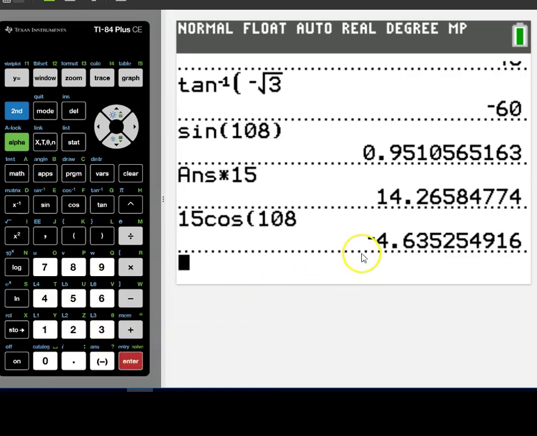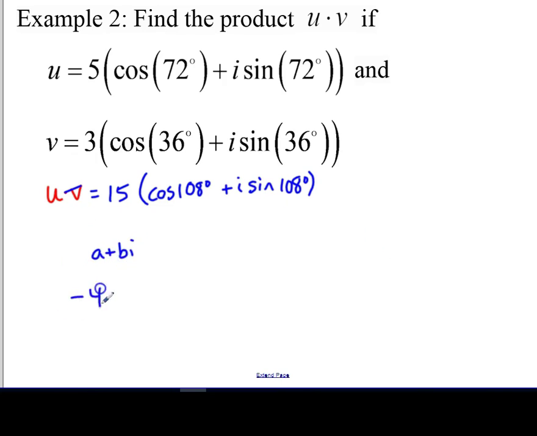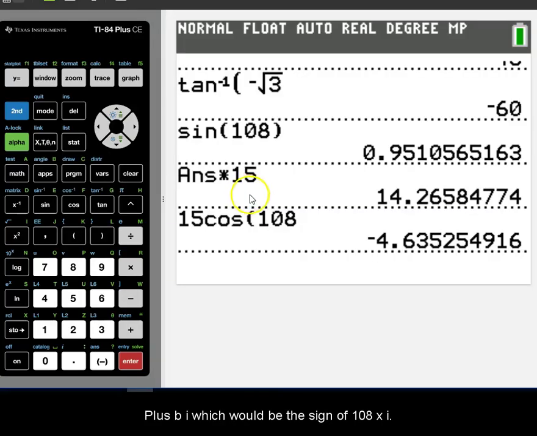Okay. So the A coordinate, I had those backwards. The A coordinate would be negative 4.64 plus BI, which would be the sine of 108 times I.